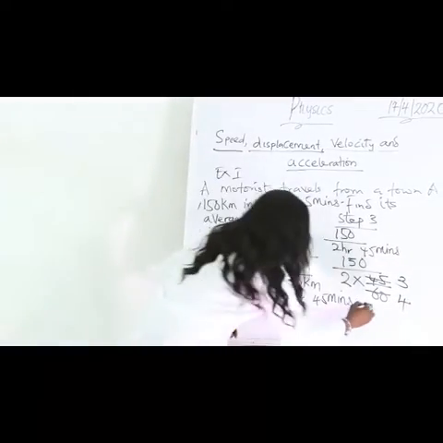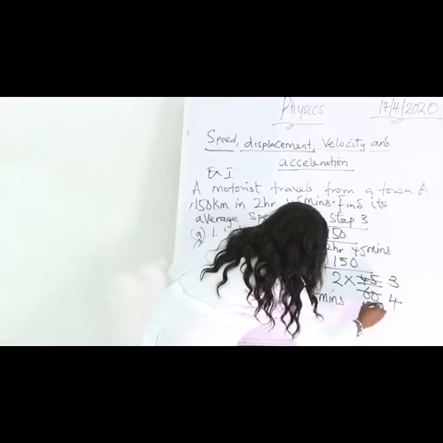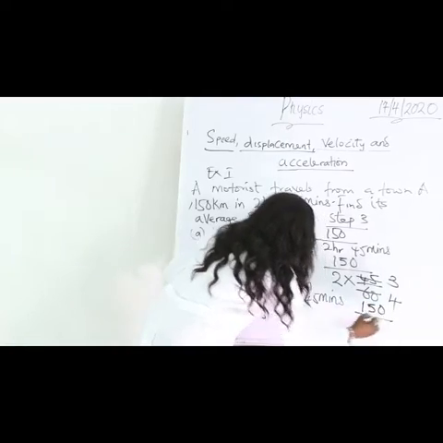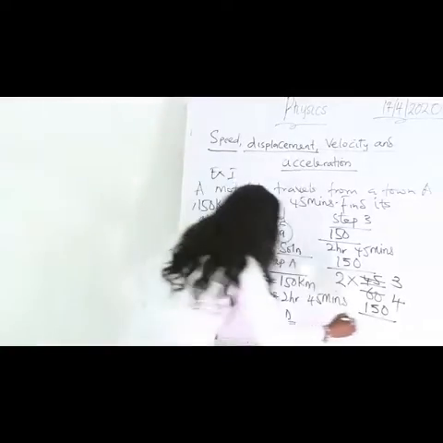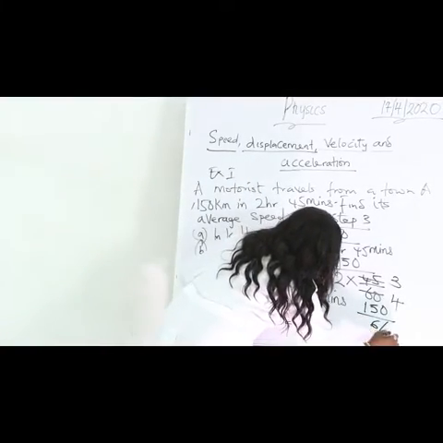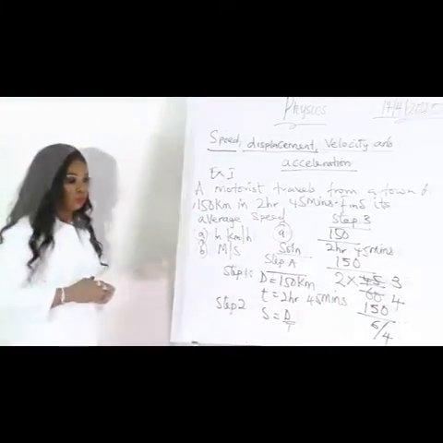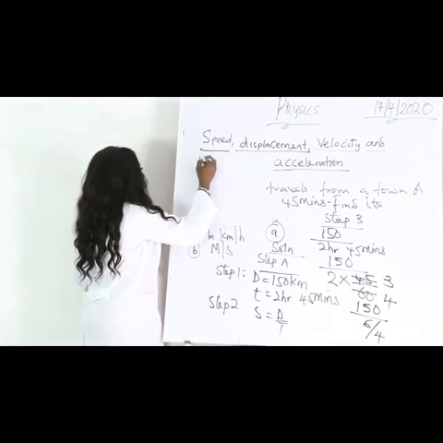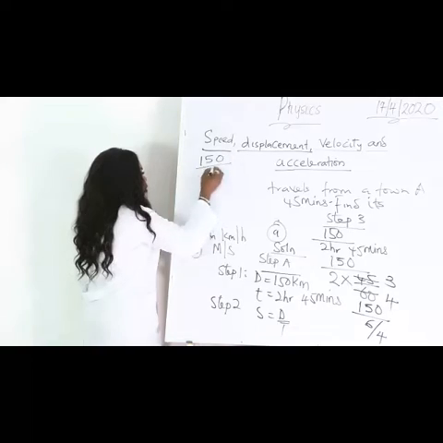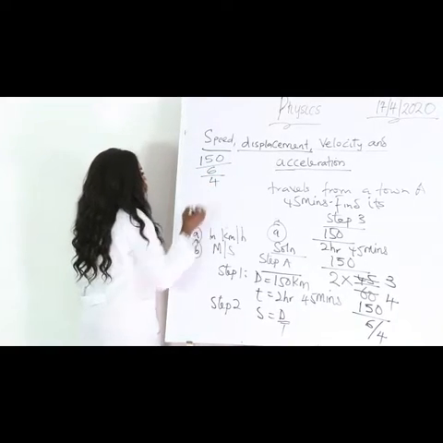So we will be having 150 divided by 2 times 3, which is 6. So we'll be having 6 over 4. So we'll be having 150 divided by 6 over 4.